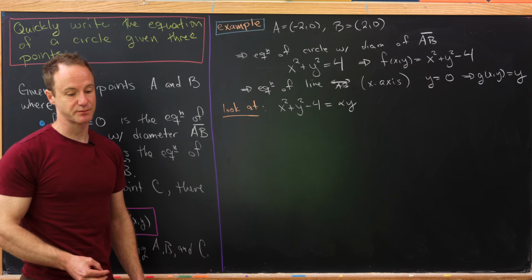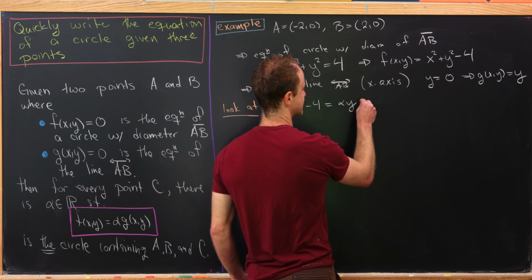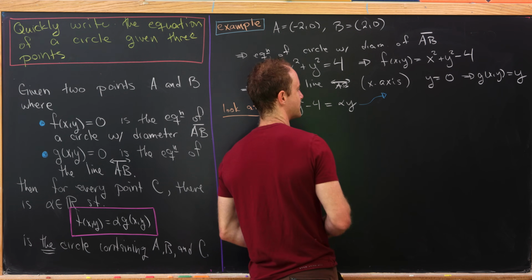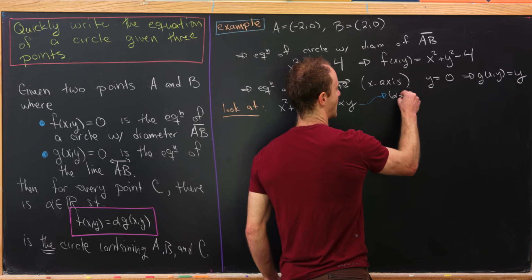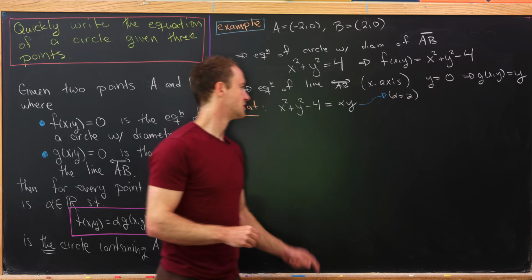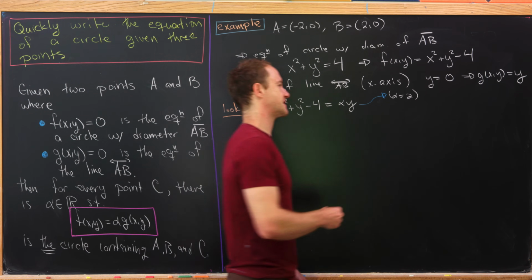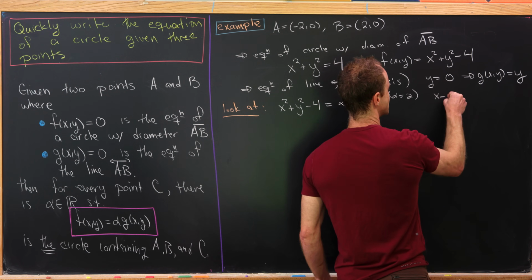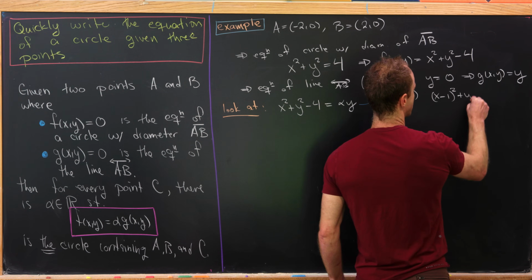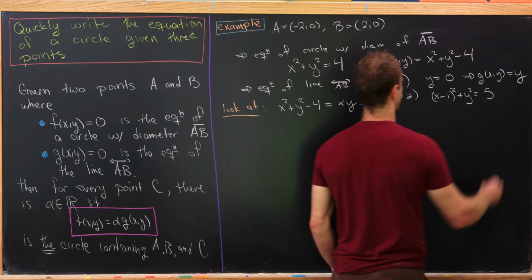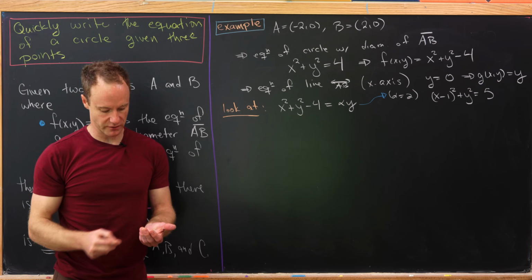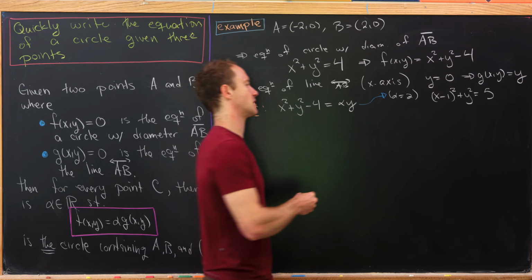And now let's split this into a couple of cases. So let's start with the case when alpha is equal to 2. If alpha is equal to 2, you can rewrite some things and you'll see that you get the equation (x minus 1) squared plus y squared equals 5. I'll let you do the little calculation for that, but that's not too hard.